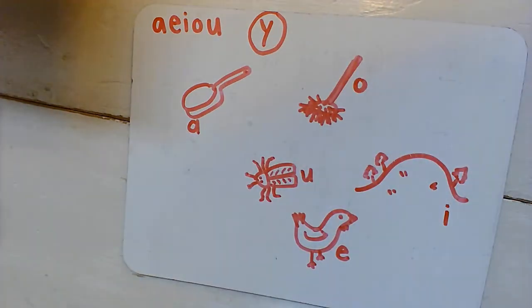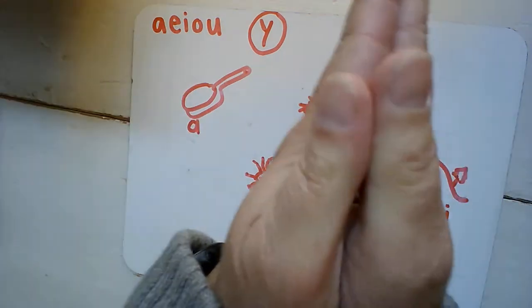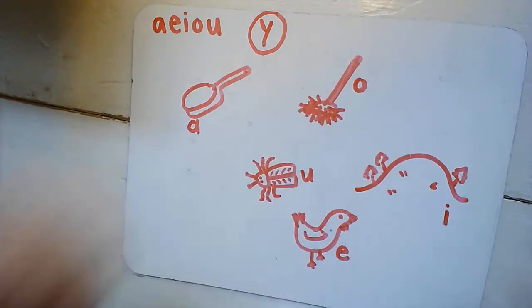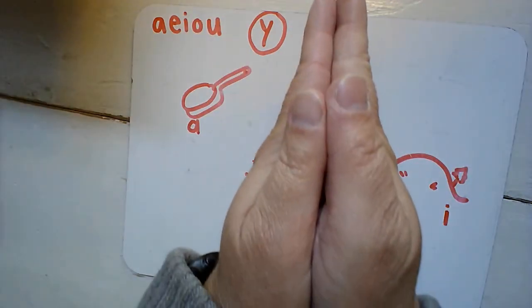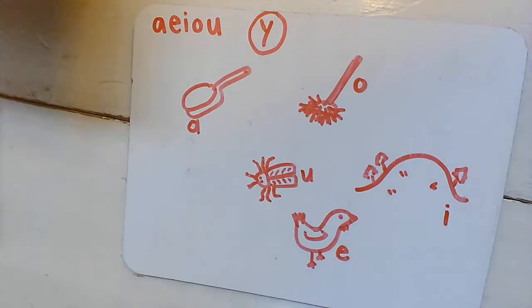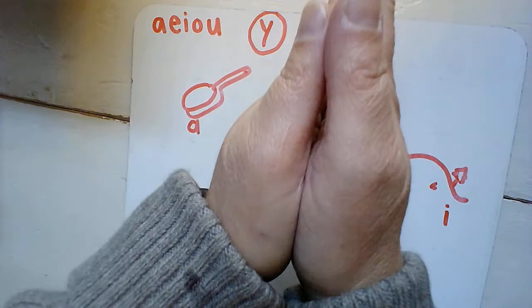What if we said tree? Tree. One clap. What if we said popcorn? Popcorn. How many claps was that? Two. Okay, so let me give you a word to try. Try bicycle. How many claps did you get? Let's do it together. Bicycle.